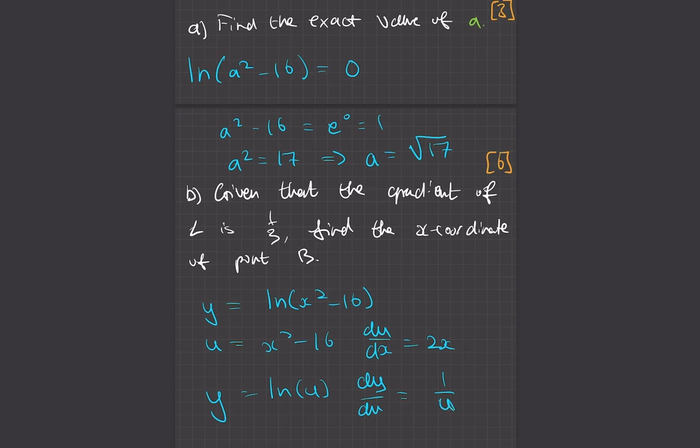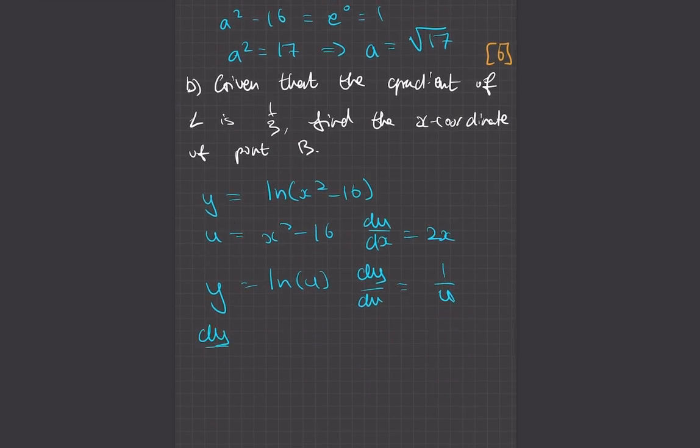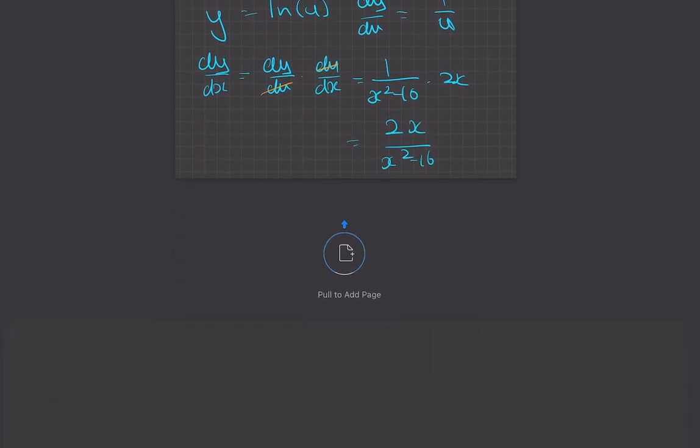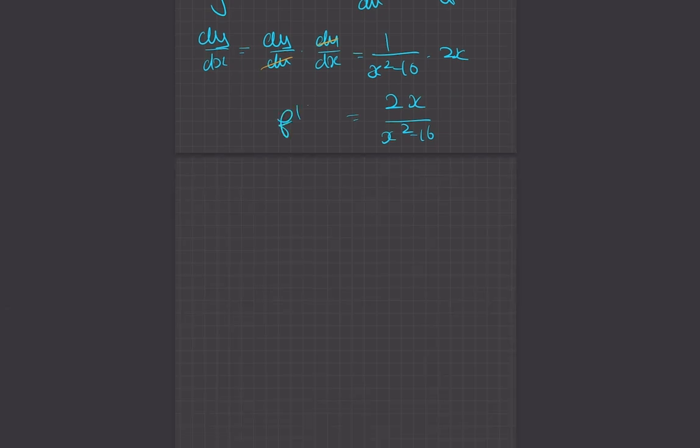So dy dx is dy du times du dx. Remember, we can imagine these as cancelling, the du's. And this is equal to 1/u, but u is just x squared minus 16, times 2x, so it's 2x over x squared minus 16. So that is f prime of x.